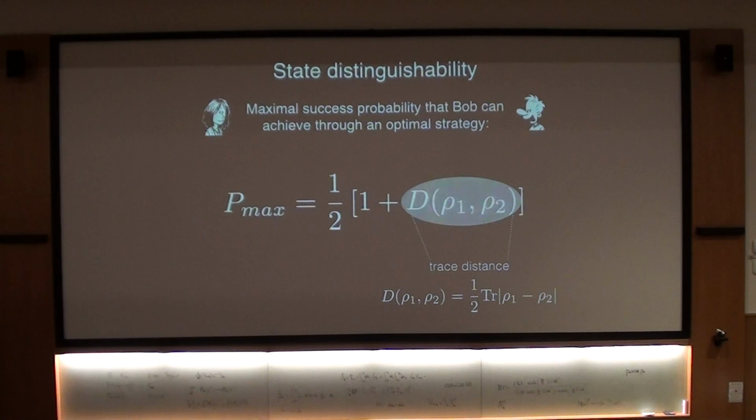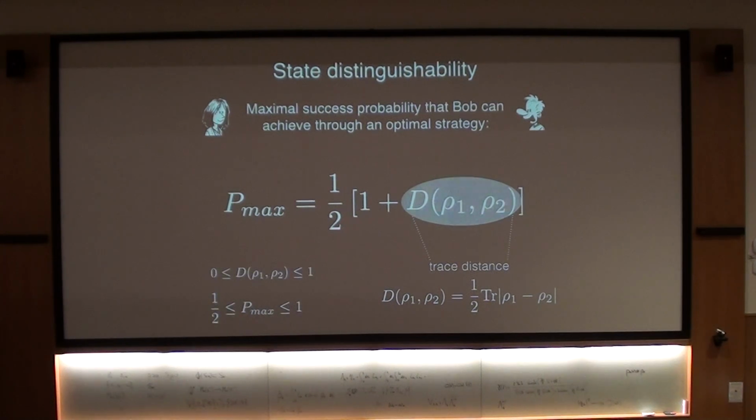So the trace distance is defined as one half of the trace norm of rho 1 minus rho 2. And hence, there is this connection between state distinguishability and trace distance, which is used to quantify information on a system.